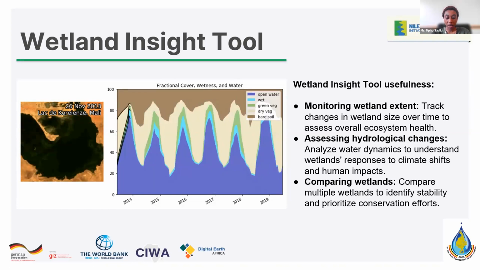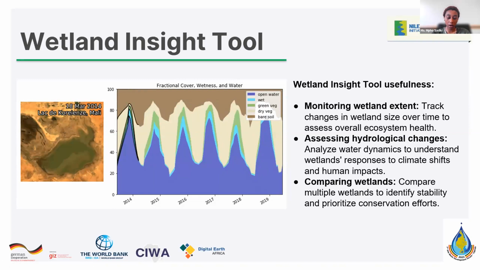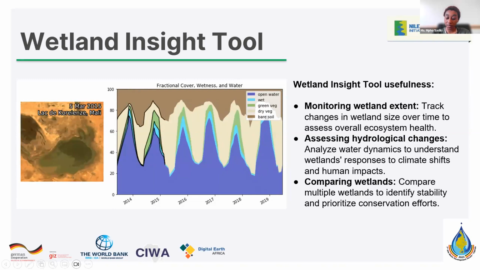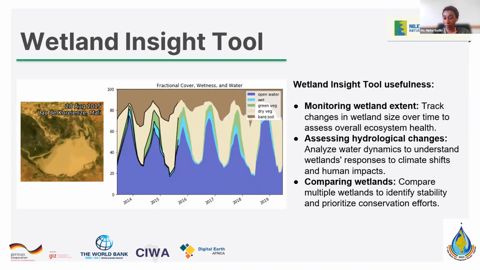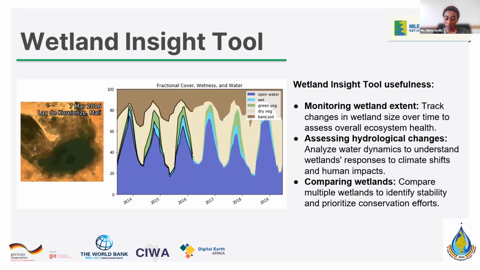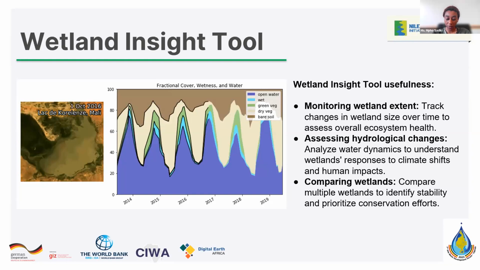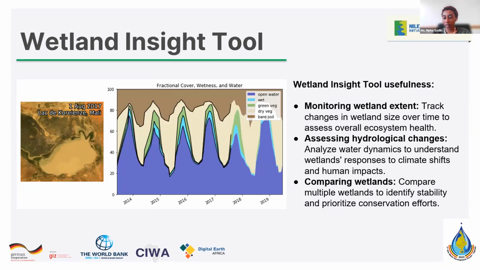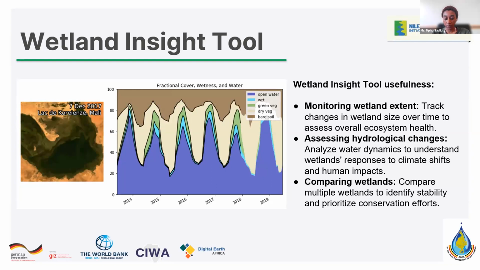The main usefulness that we think the Wetland Insight tool offers is that you can track not only size, but also ecosystem health. You can also assess the hydrological changes, and you can compare different wetlands to identify stability and prioritize conservation efforts.